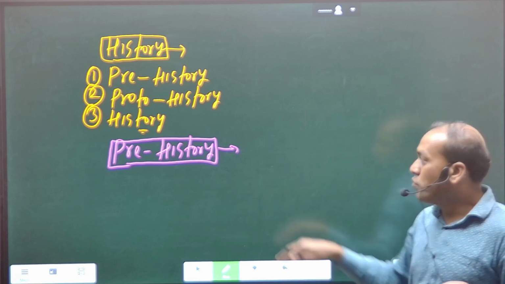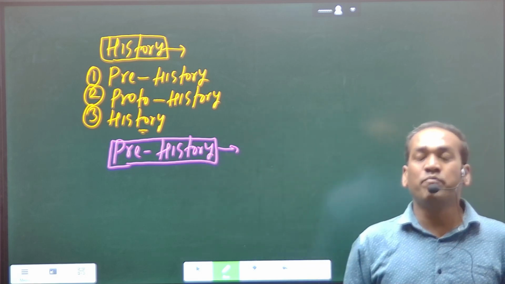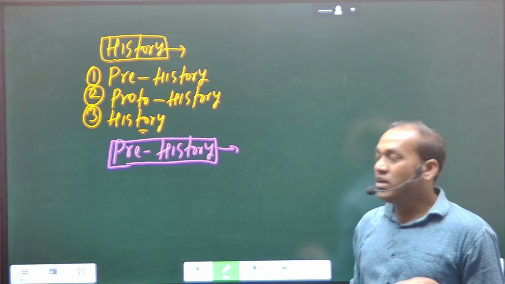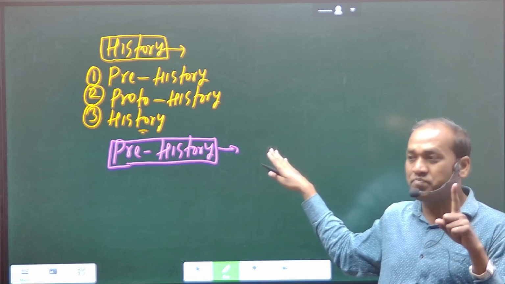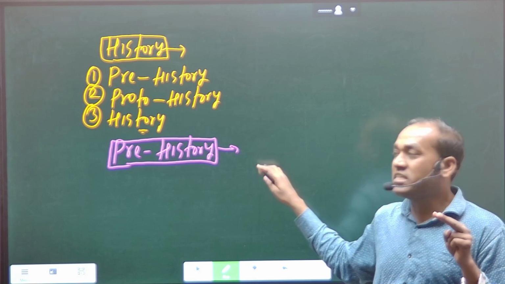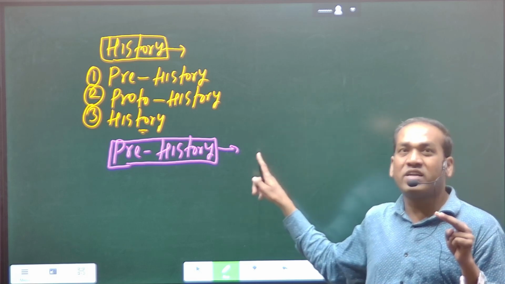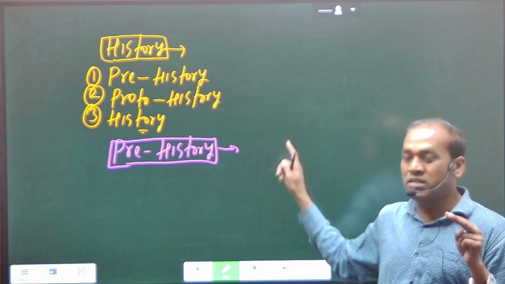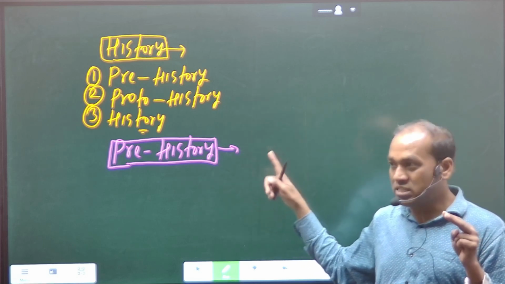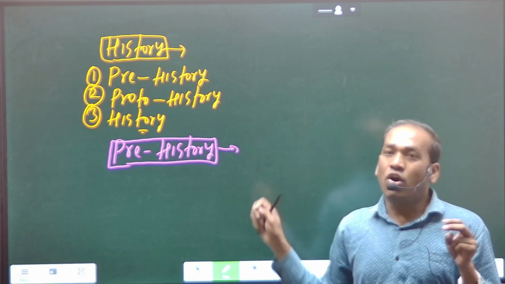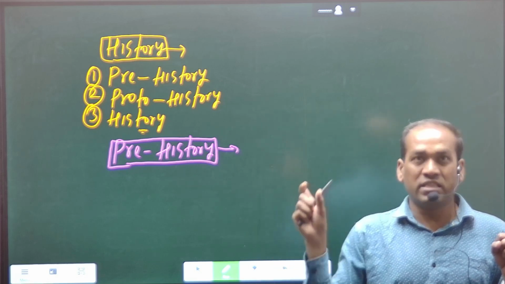So prehistory is the time period when we do not have any written records, first thing. And the second thing is, if we don't have any written records, then how can we come to know the history of that period? We come to know it on the basis of the materials used by them.